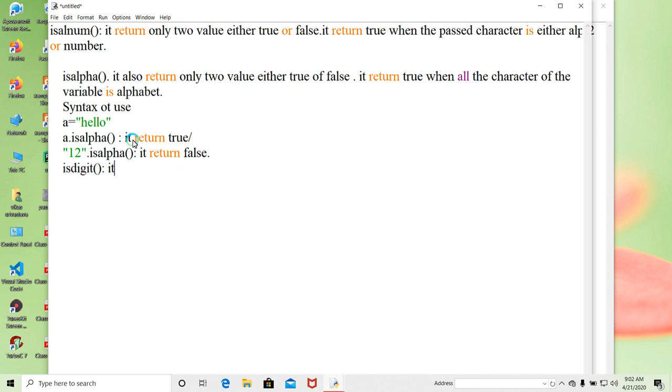Now what is the use of isdigit? It returns true when all the values of the variable are digits, otherwise it returns false.